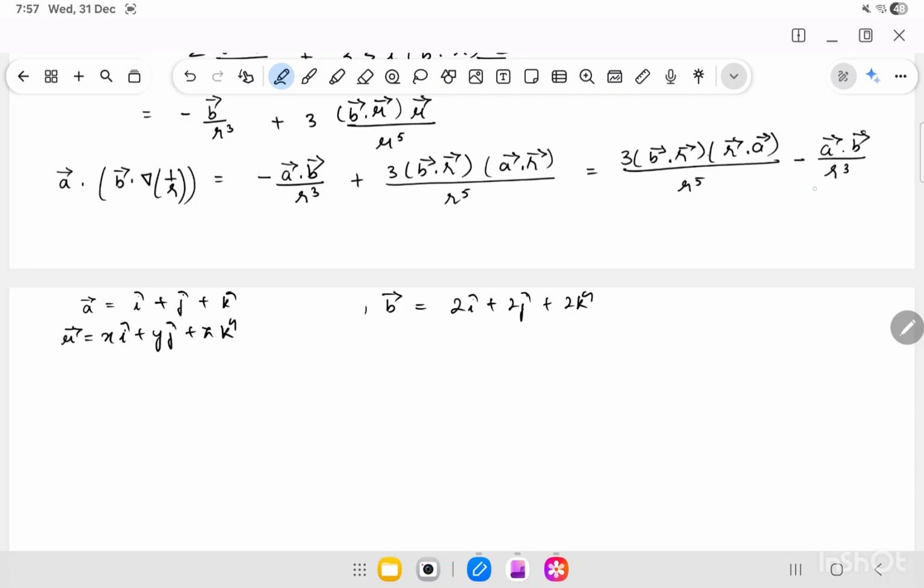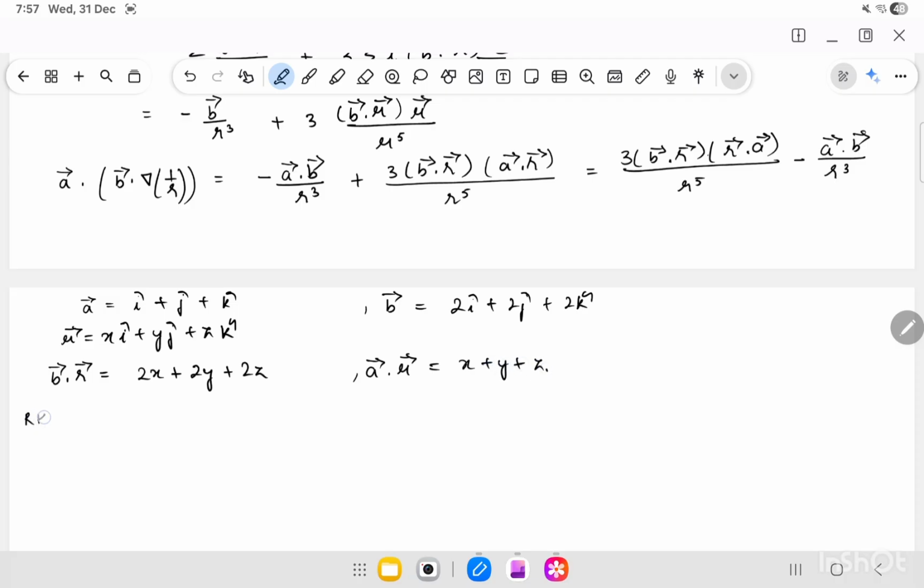Now if I evaluate the term on the right hand side, b vector dot r vector will be equal to 2x plus 2y plus 2z. Likewise, a vector dot r vector will be equal to x plus y plus z.